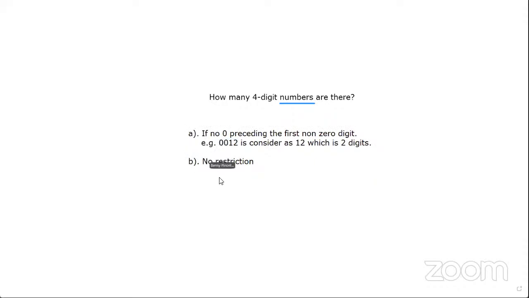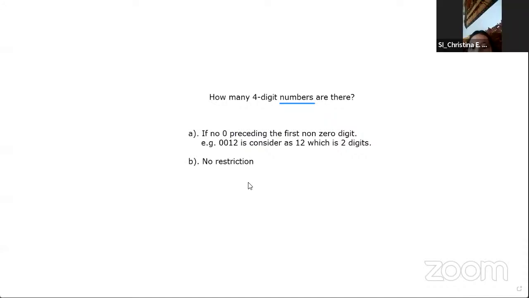What's the answer for this? For the A, I think it's 9 times 10 to the power of 3. So there's 9,000.